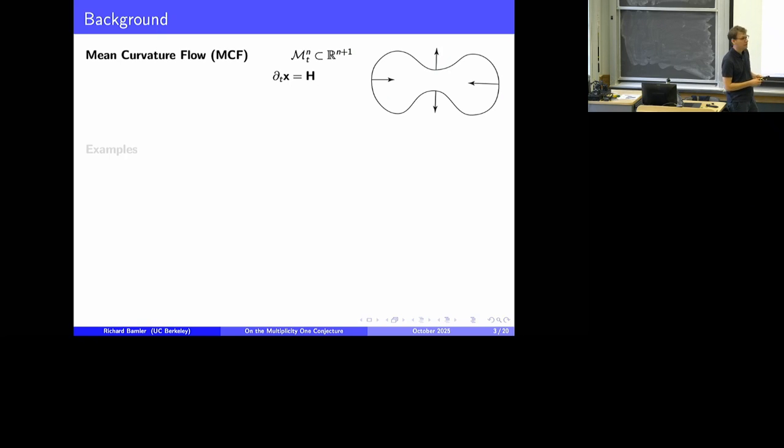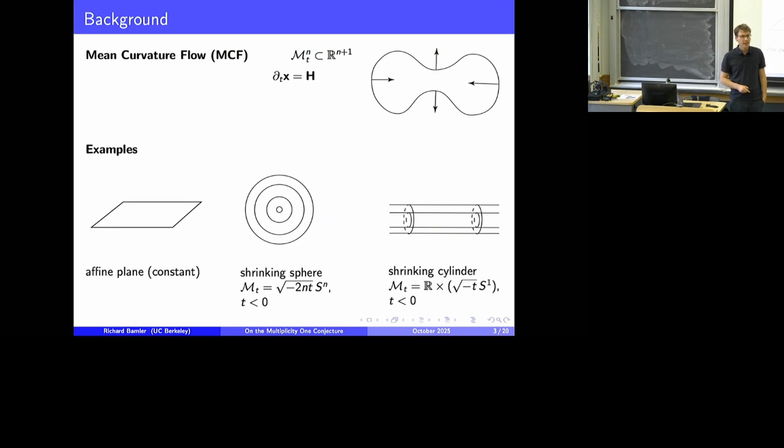Then the mean curvature is just the geodesic curvature, and so the mean curvature flow would say that wherever this curve is concave, the points are going to be pushed further out, and whenever the curve is more convex, they're going to be pushed further in. This will cause the geometry of the surface to homogenize and hopefully turn into some nicer geometry.